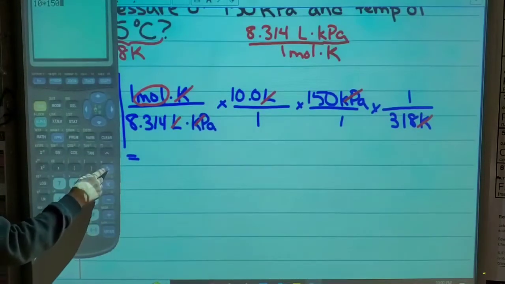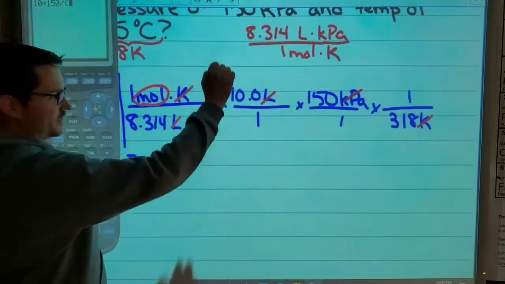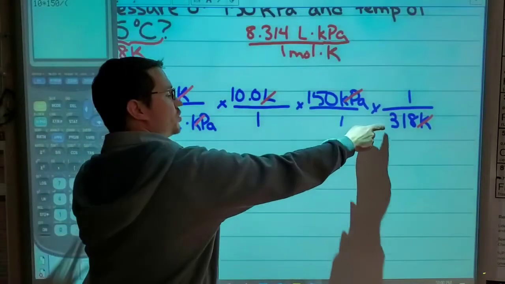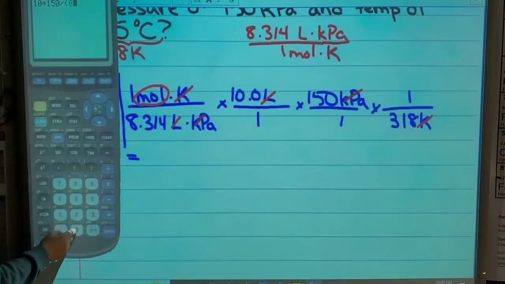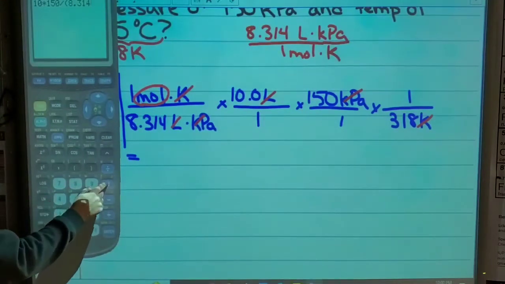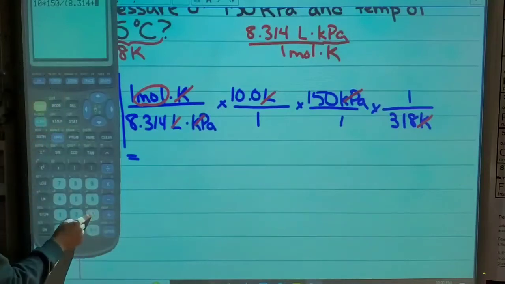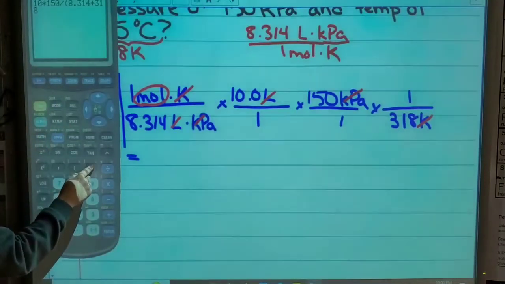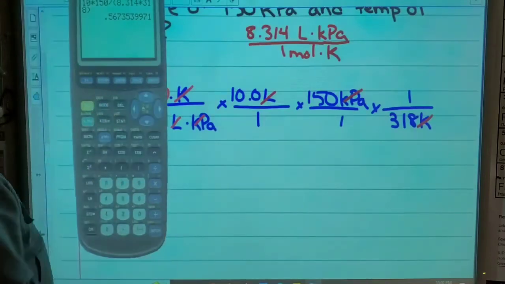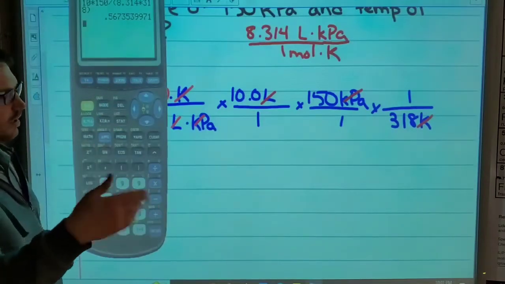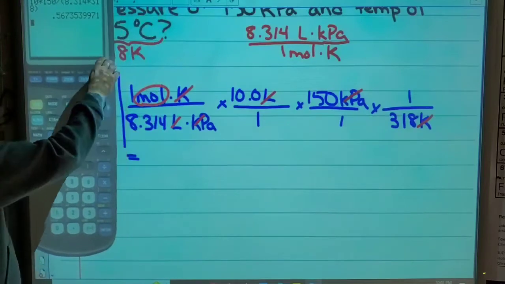Those are the only numbers that I care about on top. Divided by, because we're dividing by two numbers that aren't one, we've got to use brackets. So 8.314 times 318. And I'm going to get 0.567, and we're going to round to 0.567.